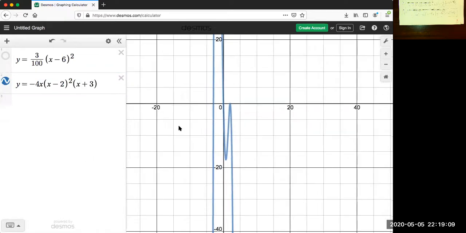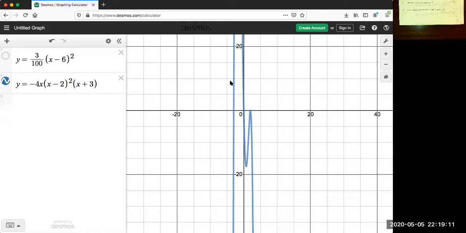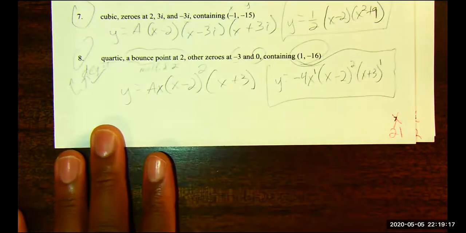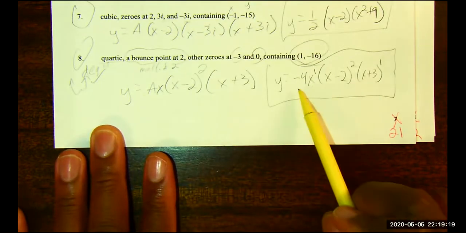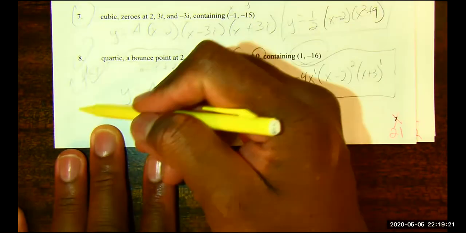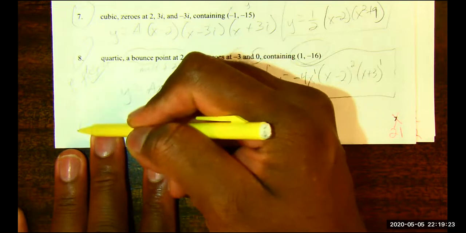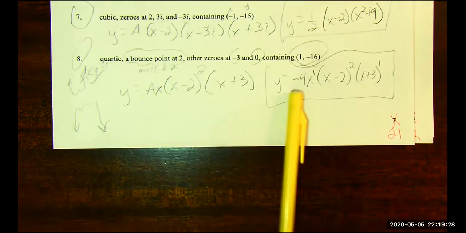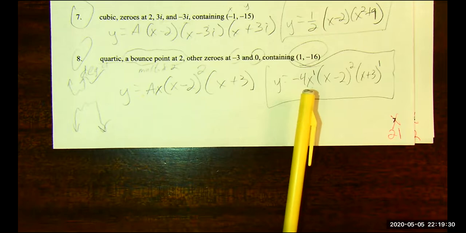Quartic, that is something to note. Remember when I first did this, I said it will look something like a w. However, our a ended up being negative, so that would flip it over. Instead of looking something like a w, it will look something like an m. That's the power of the negative sign in front. The rules still hold true.